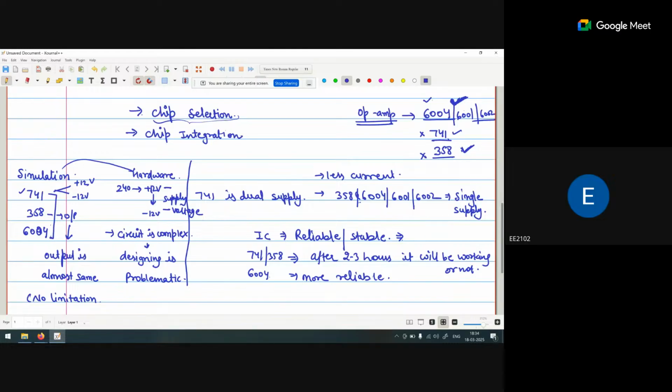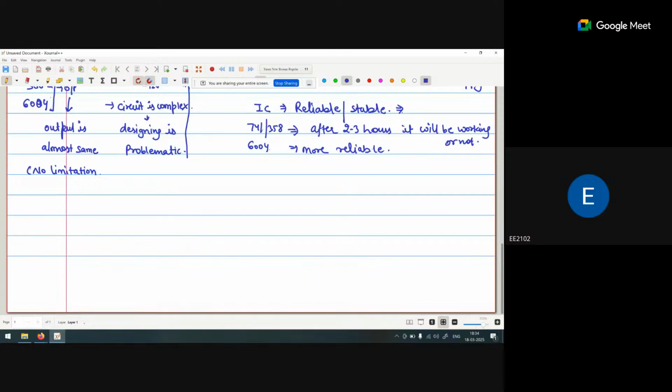A simple example is that you have to connect your Apple laptop with an HDMI cable to an HDMI projector. Is it possible directly? No, because your Apple laptop doesn't have an HDMI port.